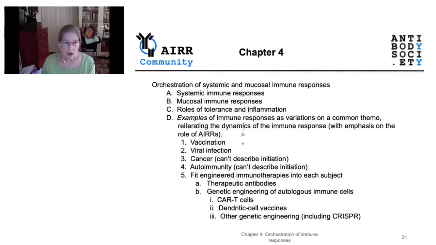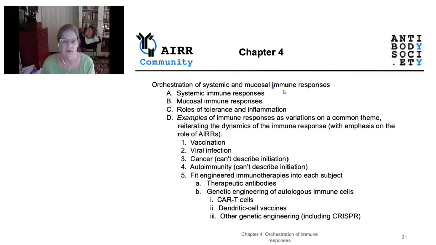Okay, so now we can go on to chapter 4. I hope that overview was helpful for you. Again, that was all about getting B cells and T cells activated and what the immune response is going to be doing on a cellular basis. But now we're going to put it all together. Yay!